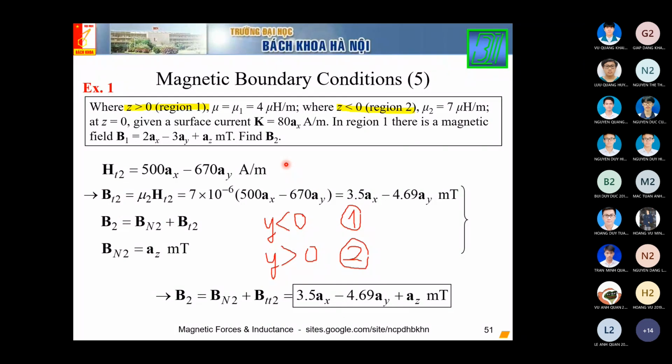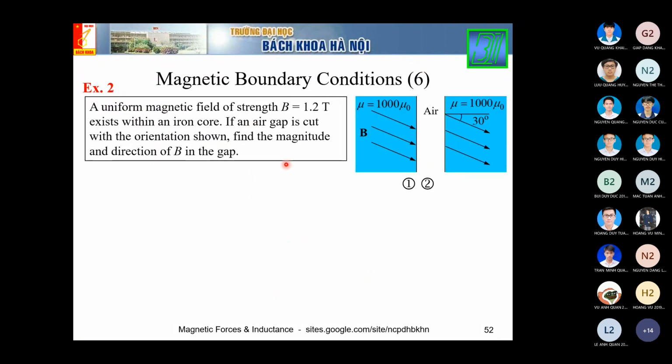Okay, time out. Keep going. In this exercise, we have 2 reasons, actually 3, because this one and this one are the same. So, in the first reason, you can see that the permeability here is very, very high. It is 1,000 times greater than that of the vacuum, of the free space.